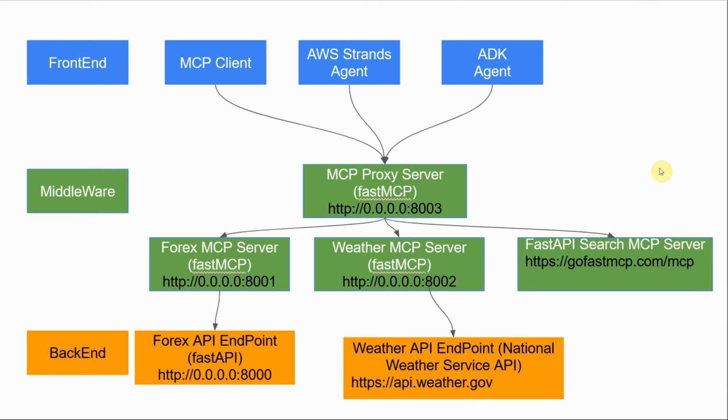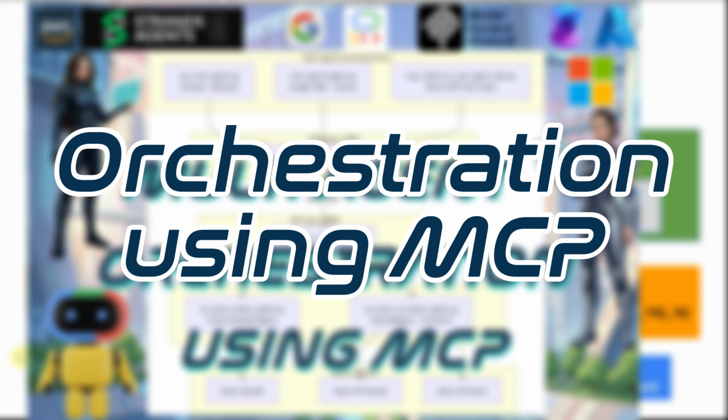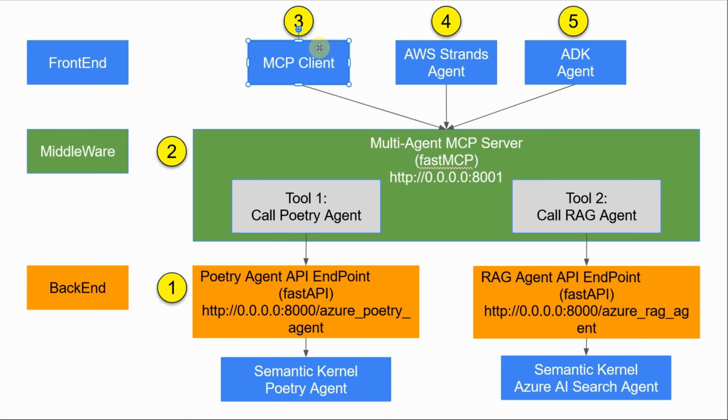In that video, I am basically using three types of MCP hosts: first, the MCP client, then the AWS Strands agent, and the ADK agent. In this video, we will follow a similar setup. We will use the MCP client, AWS Strands agent, and ADK agent as methods to communicate with the MCP server.